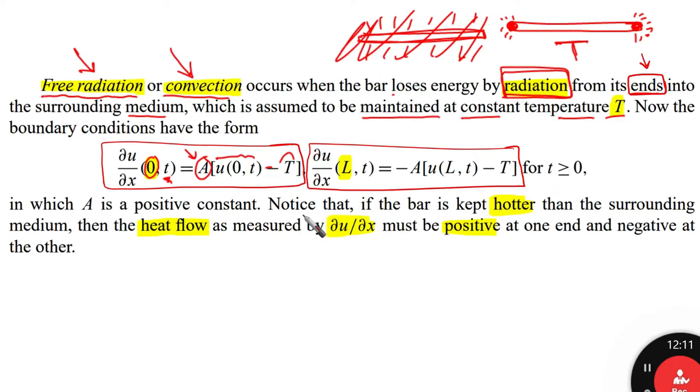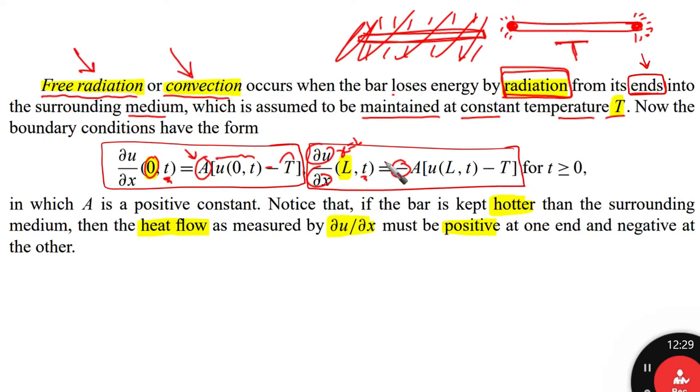And on the right end, partial u partial x at x equal to L at any time t equals minus a times u of L and t minus T.